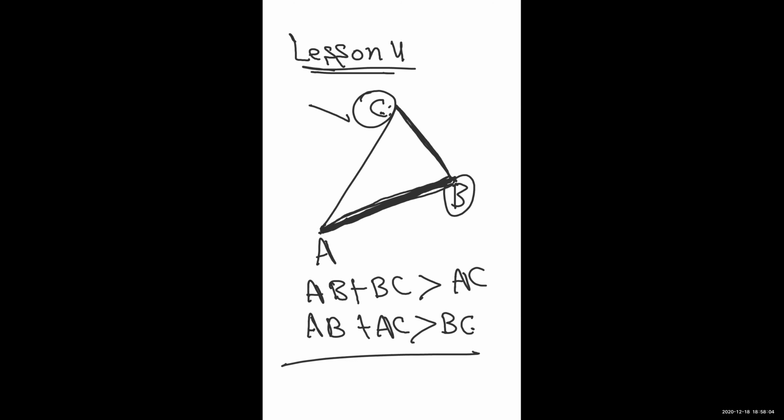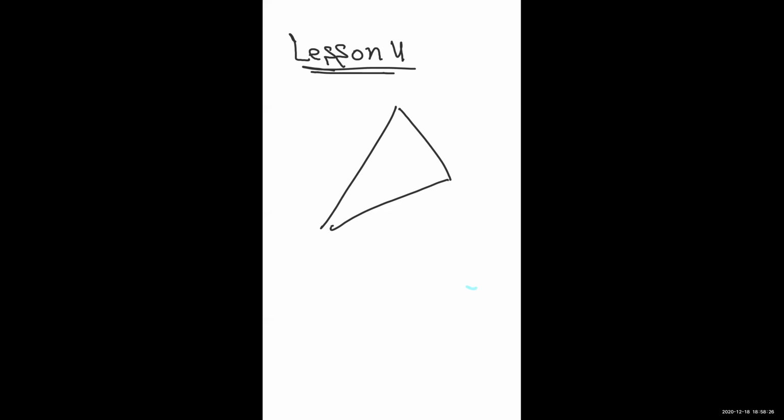Okay, so that means we can deduce that the length of any side in the triangle is greater than the difference between the length of the other two sides. Let's check. In this triangle, concentrate with me.